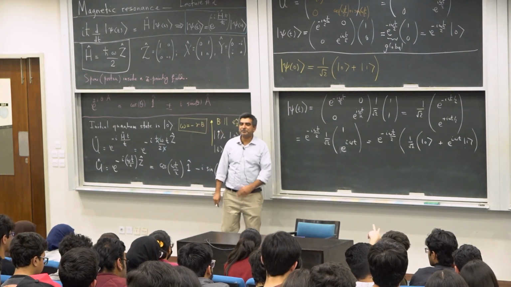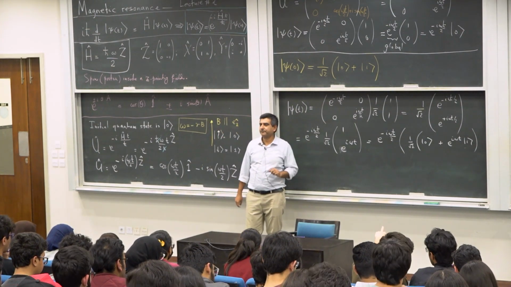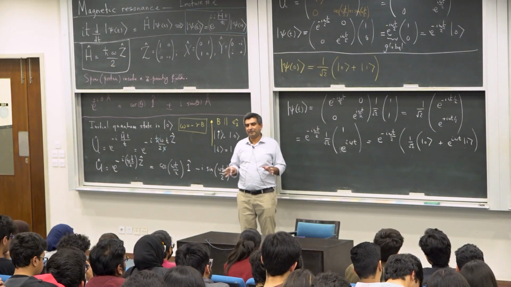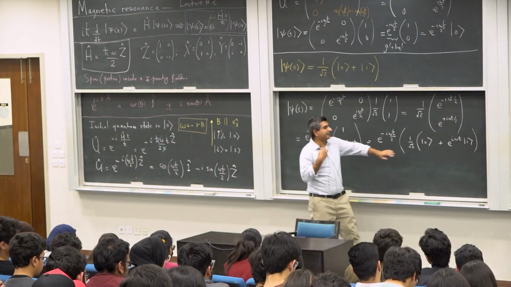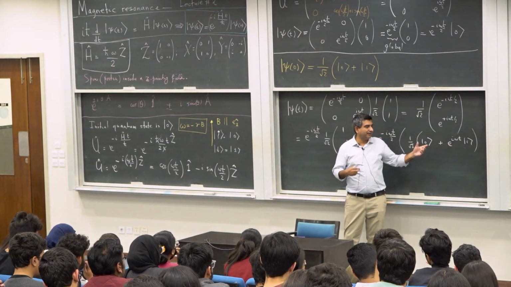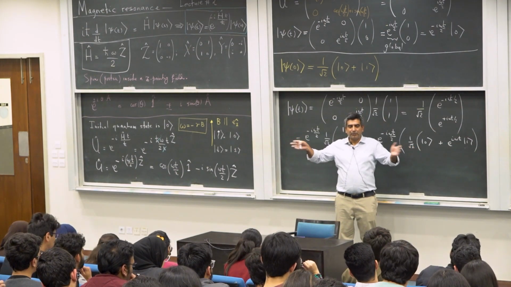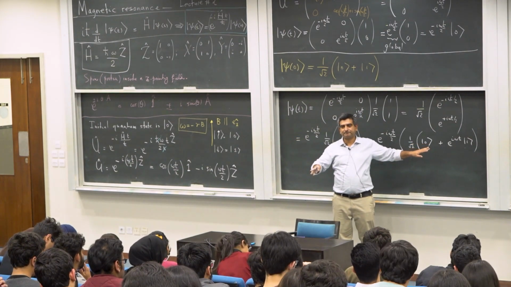Now is this quantum state changing with time? It is. It's evolving with time. The quantum state at time equals 0 is going to be the superposition state ket 0 plus ket 1. With time it's going to change.